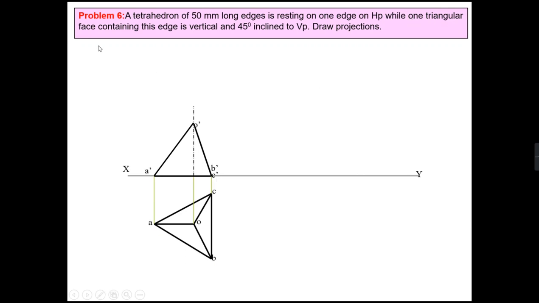While the triangular face containing that edge is vertical, means we have to make this line at 90 degree with the XY line. Okay, after marking this line at 90 degree, I can mark the point A with respect to this line and also the center point and also the center line of the tetrahedron.